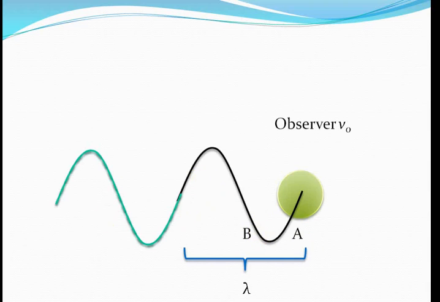In t dash, the time period is the time in which one entire black wave will pass through the observer. The observer is moving to the left with a speed VO. He is moving towards the source. So let's start the time.